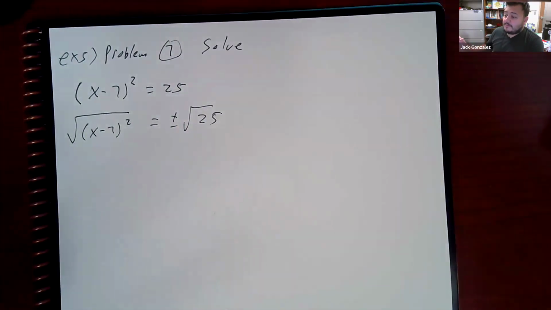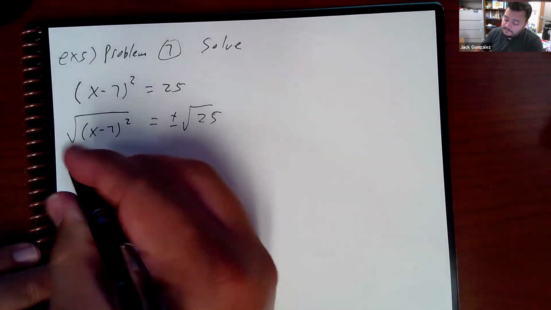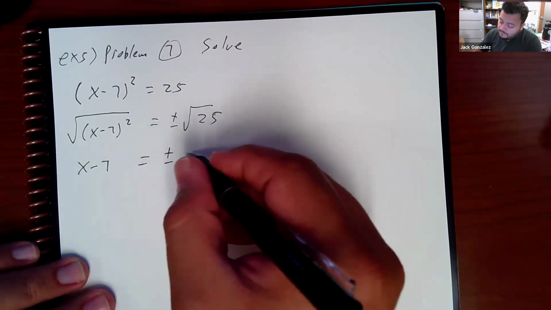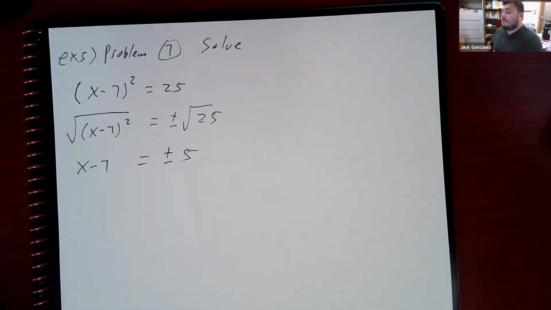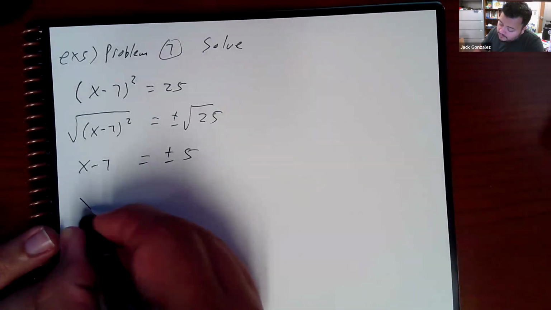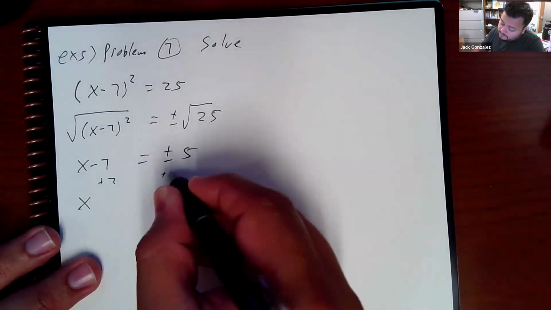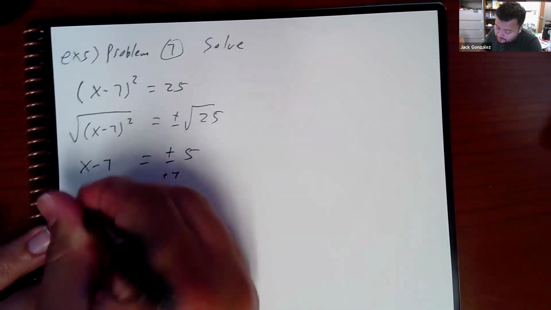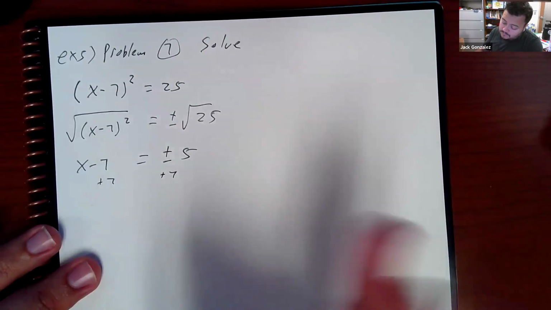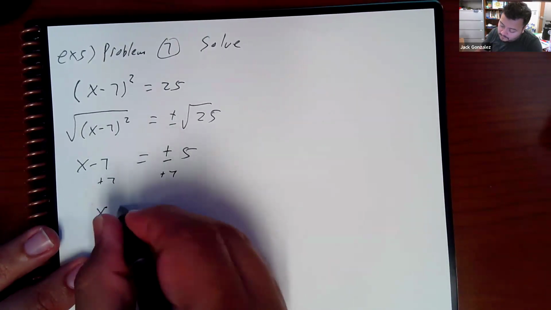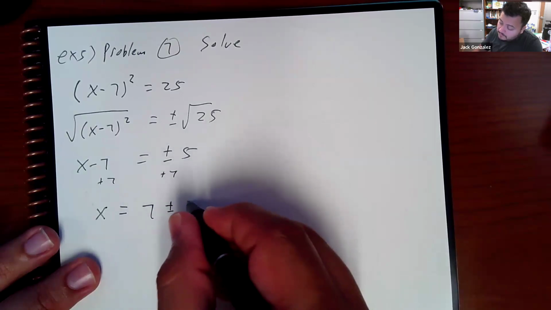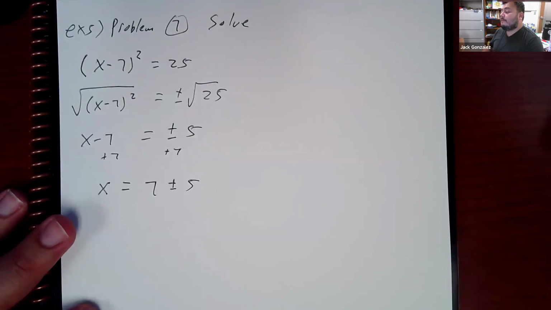Let's square both sides. These squares will cancel, just like before, but notice how I have this 7 here. So basically what that means, if I add the 7 over, you get this.